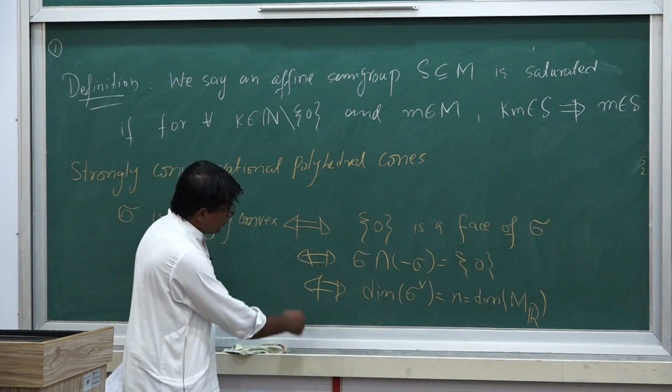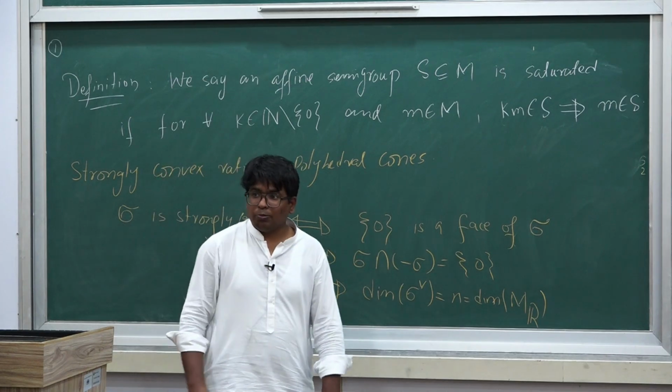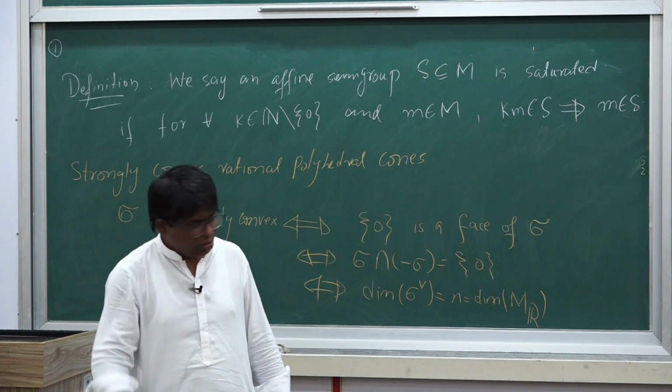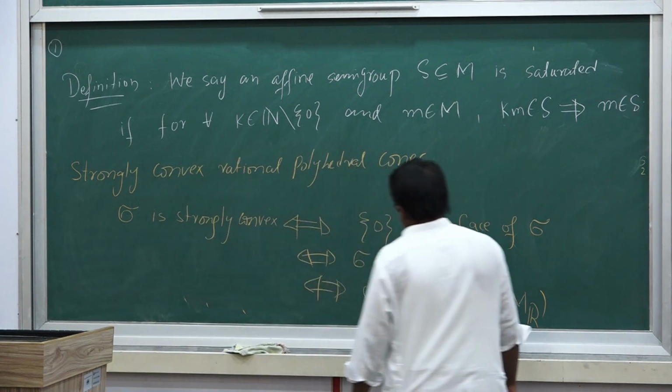And there is one more, which is that there is no proper positive dimensional vector subspace in this space.